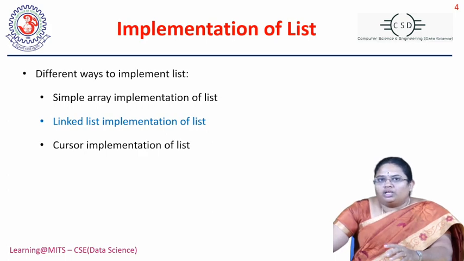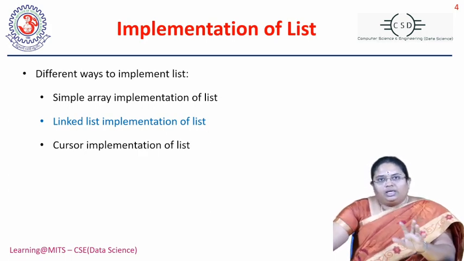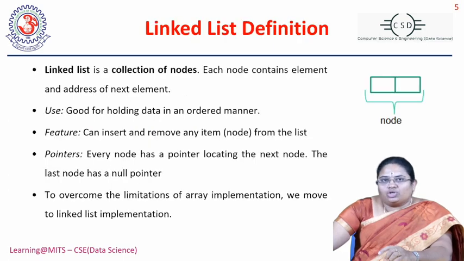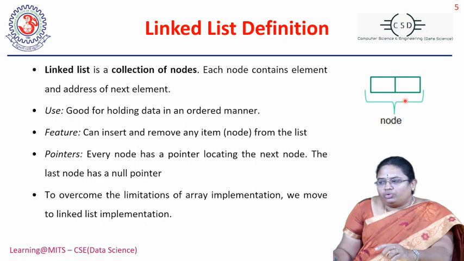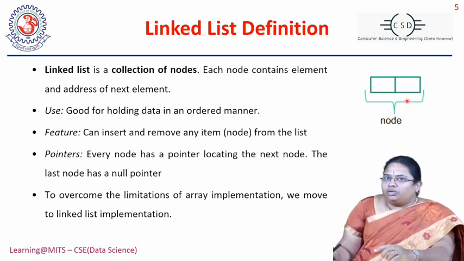We will see what the linked list is. A linked list is a collection of nodes, and each node contains two fields basically. The first field is the data field and the second field contains the address of the next element to be found.